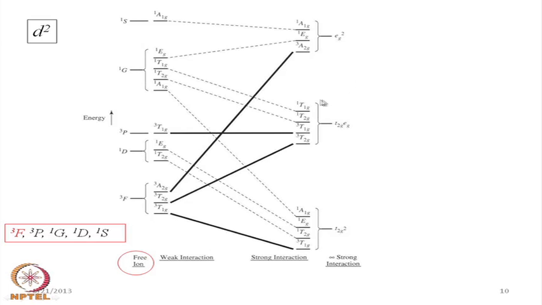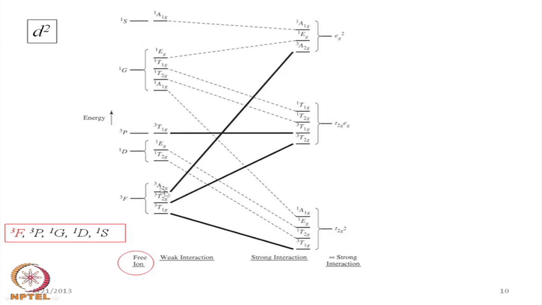So, if we have the 3F term, which is true for, say, vanadium 3 plus, which is a d2 electronic configuration, this 7-fold orbital degeneracy cannot persist in the octahedral crystal field. So, it will split into 3 new electronic states.